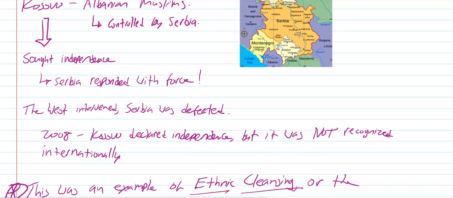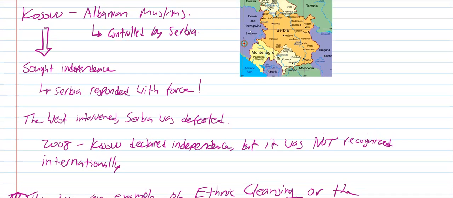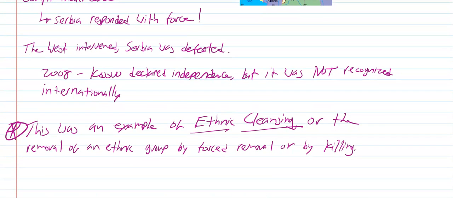So on any map that you see that shows the countries of the world political map, you ought to see Kosovo included as part of Serbia. I'm not going to say you always will, but indeed, it is not a recognized state.